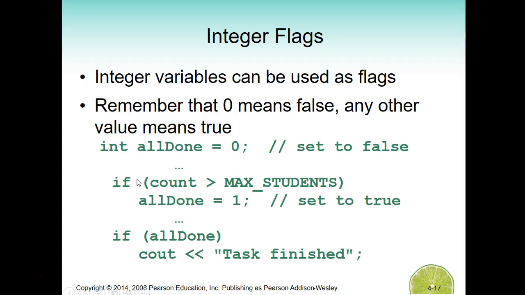Basically, if I'm all the way through processing whatever data for students, I'm done processing, so all done is 1. Then I can say if all done, I'm going to output that I'm done with my task, done averaging your scores or whatever needs to be done with the students. So you can also use an integer variable to toggle this decision statement on and off.